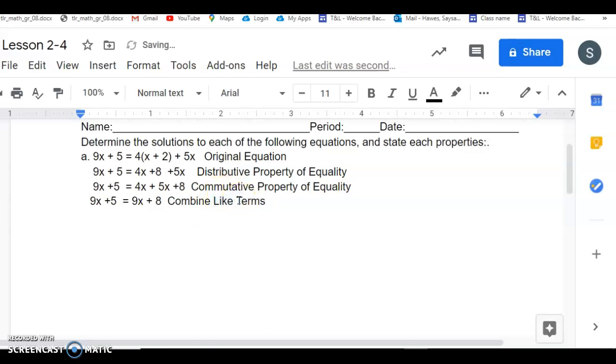Okay, I add them. Now, next, I will subtract 9x from both sides. And then subtract 9x. So I use the subtraction property of equality.